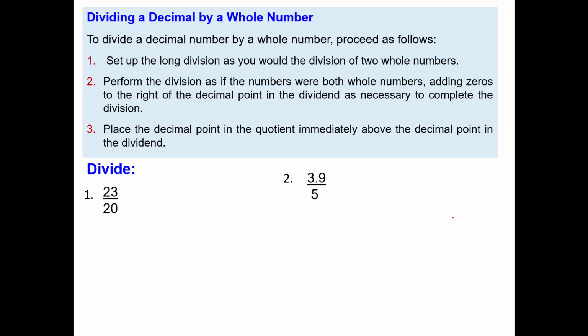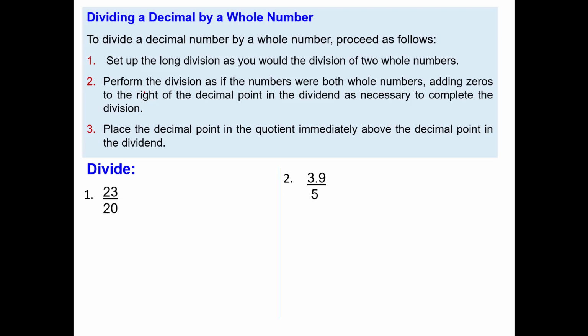Let's learn how we can divide a decimal by a whole number. There are three steps we have to follow. The first is to set up a long division as you would for the division of two whole numbers. In step 2, we perform the division as if the numbers were both whole numbers.